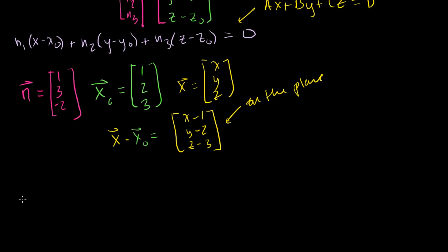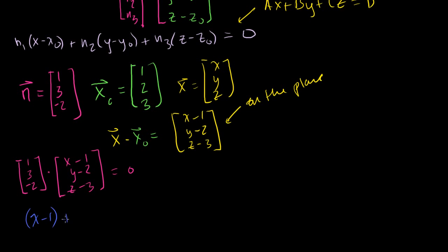So if I dot my normal vector, 1, 3, minus 2, with x minus 1, y minus 2, z minus 3, I should get 0, because the normal has to be perpendicular to anything that lies on the plane. So what do we get? 1 times x minus 1 is x minus 1, plus 3 times y minus 2, minus 2 times z minus 3, is equal to 0.